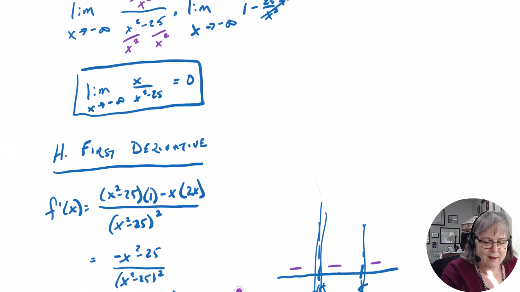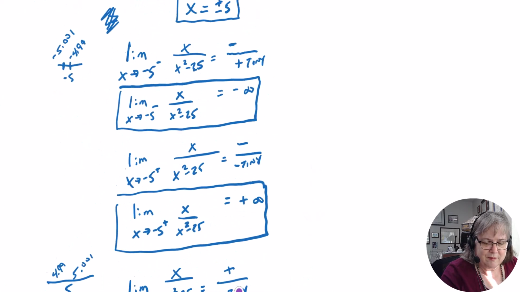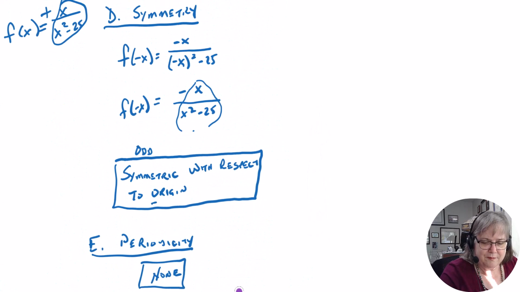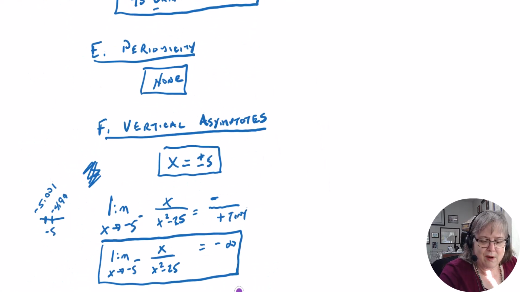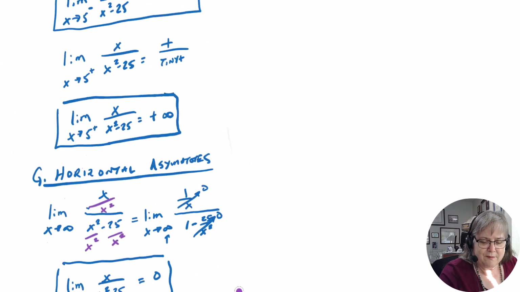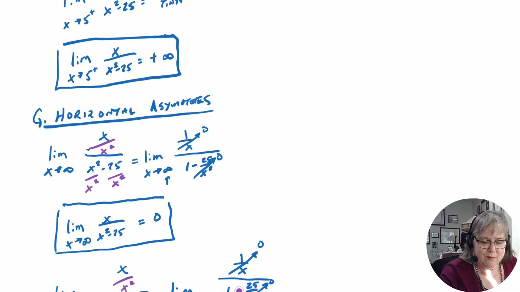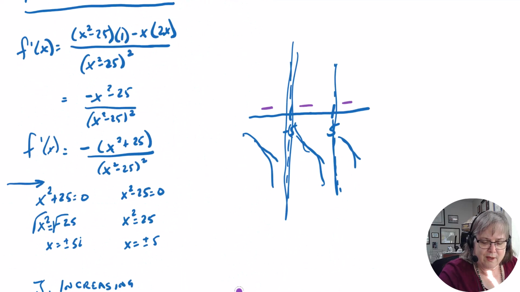You had an x and y intercept of 0, 0. Way back up here. Okay, you had an x and y intercept 0, 0. It had vertical asymptotes at plus or minus 5. It had a horizontal asymptote of y is equal to 0, decreasing throughout.